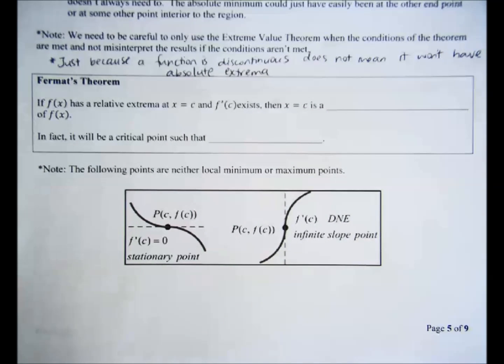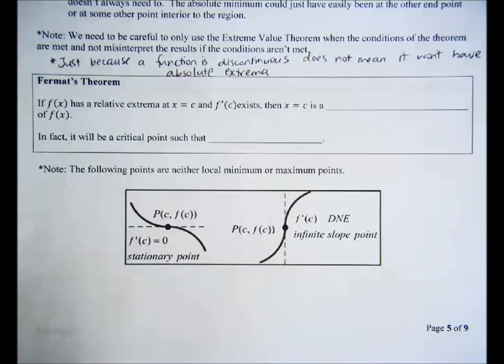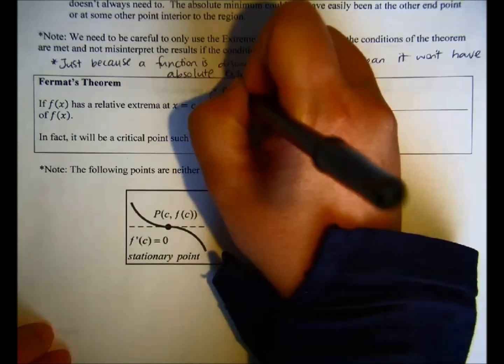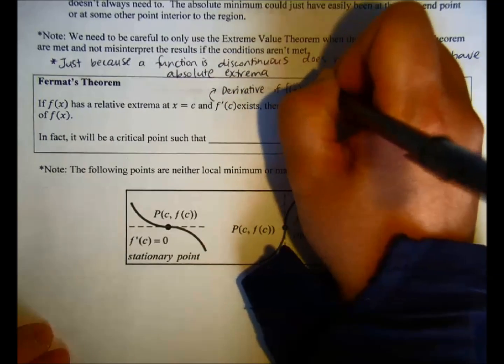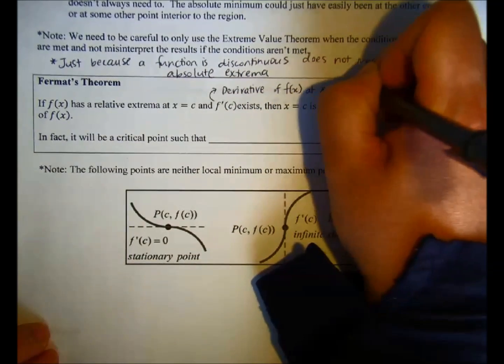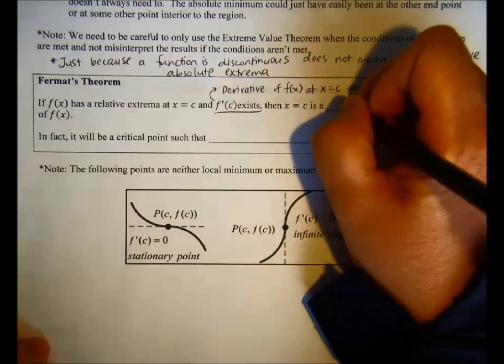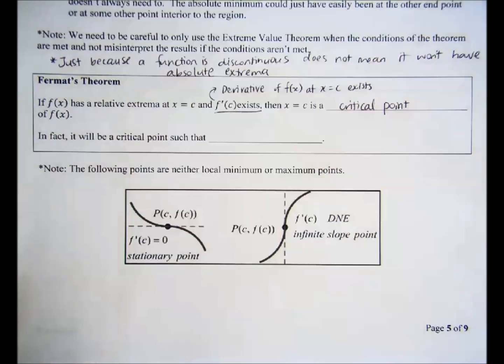So Fermat's theorem says, if f of x has a relative extrema at x equals c, and f prime of c exists, meaning that the derivative at x equals c exists, then x equals c is what we call a critical point of f of x.